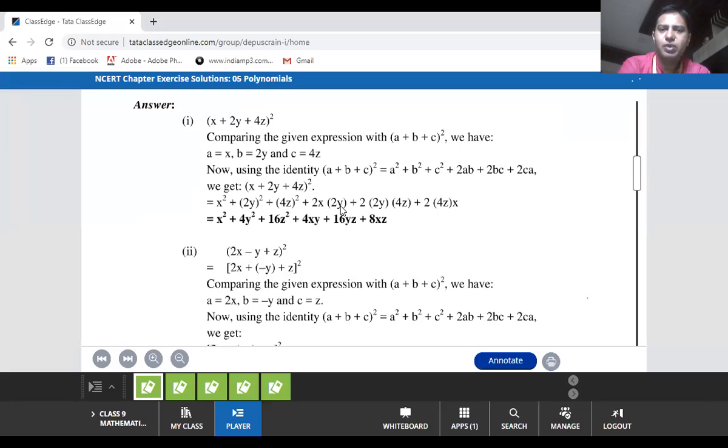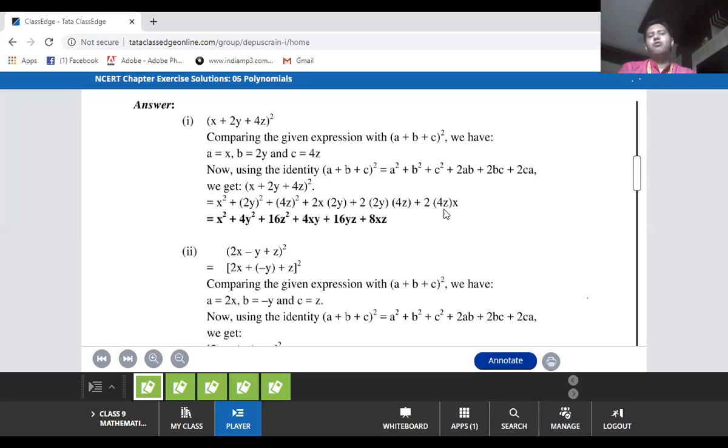Instead of 2ab, we'll have 2 into x into 2y. Instead of 2bc, we'll have 2 into 2y into 4z. Instead of 2ca, we'll have 2 into 4z into x. Now x square is x square, 2y whole square gives 4y square, 4z whole square gives 16z square, 2 into x into 2y gives 4xy, 2 into 2y into 4z gives 16yz, and 2 into 4 is 8, multiplied by x and z, that is zx.